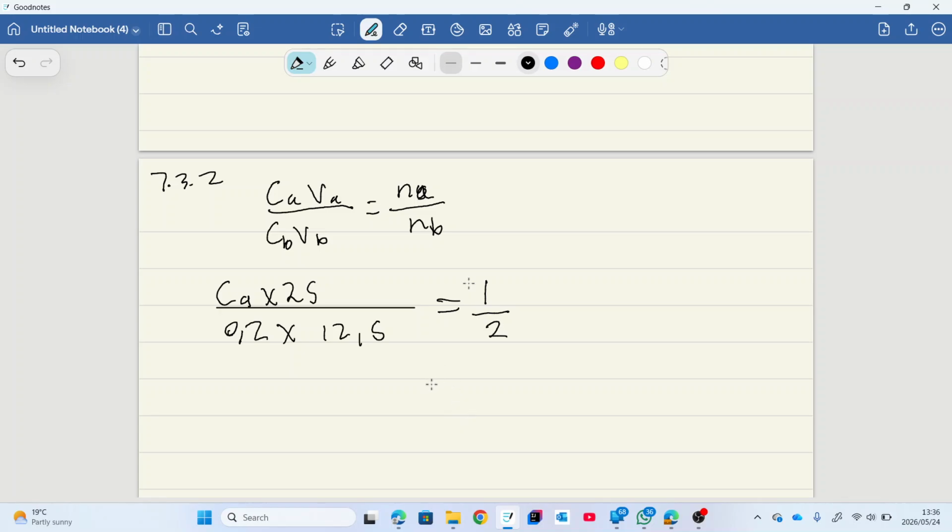So there is only one unknown, which is the concentration of the acid. Then you solve for it. So I'm going to be left with 25 Ca equals 0.2 times 12.5 divided by 2. Let us press the calculator.